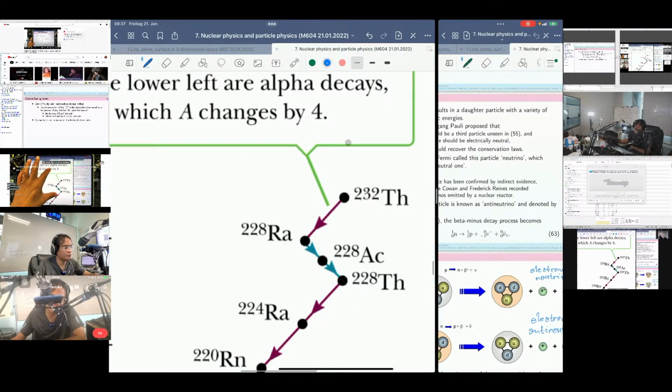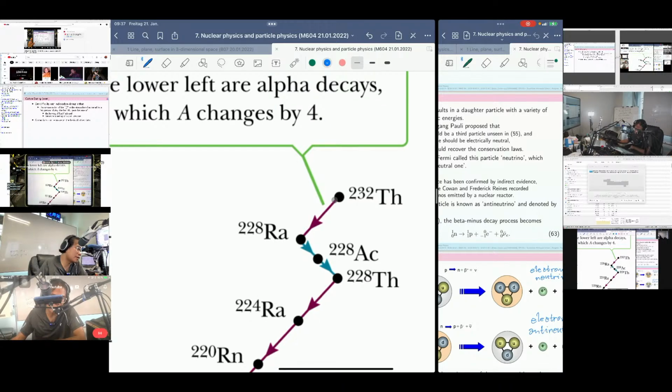And once the radium turns to the right, the nucleon number is the same, but because it's full of neutrons, a neutron turns into a proton, and we get actinium.